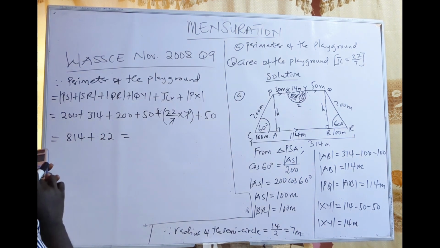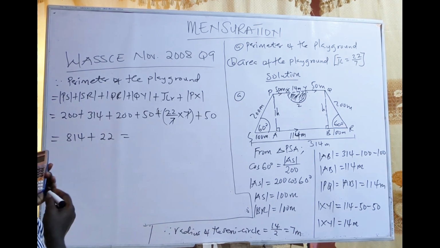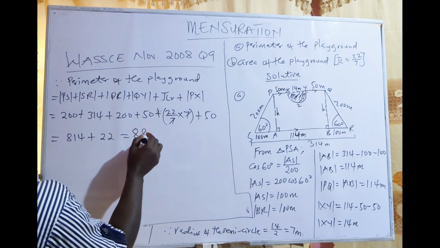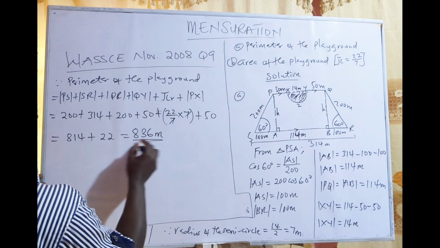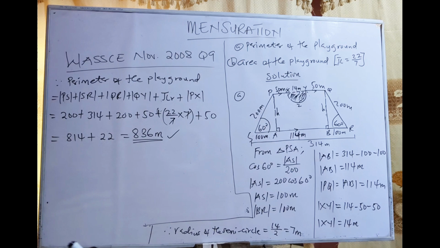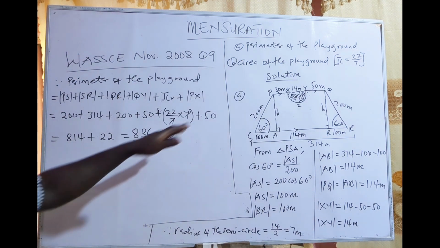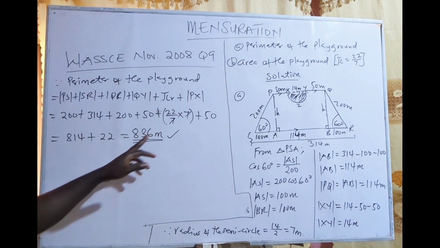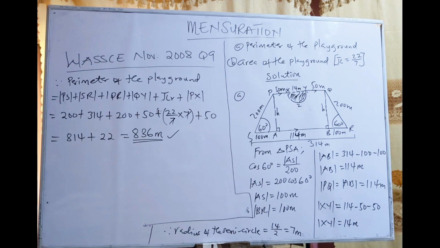So that 814 plus 22 will give us what? 836 meters. So that means the perimeter of the playground is 836 meters. All right. So let's go to the B, the area of the playground.